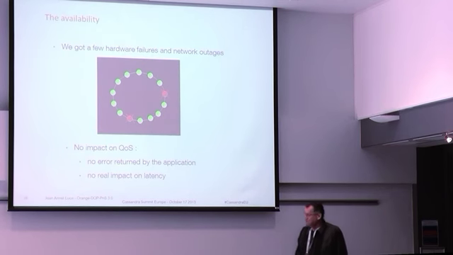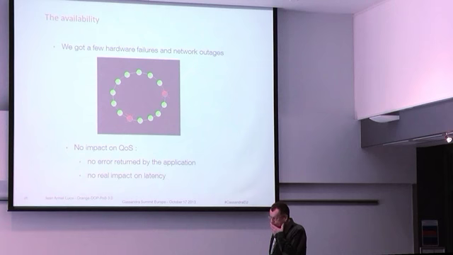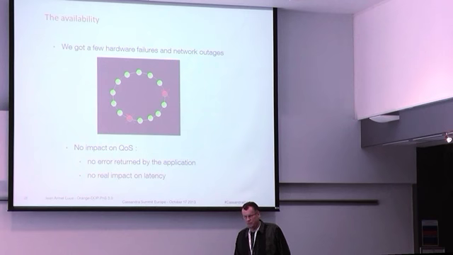About availability. Unfortunately, 2 weeks after the migration of the first subset of data, 2 nodes failed. This happened during the night. I don't know why, but when a node fails, it always happens during the night.